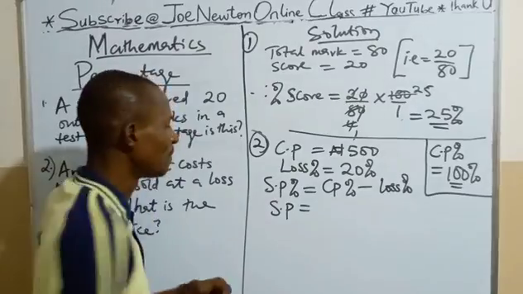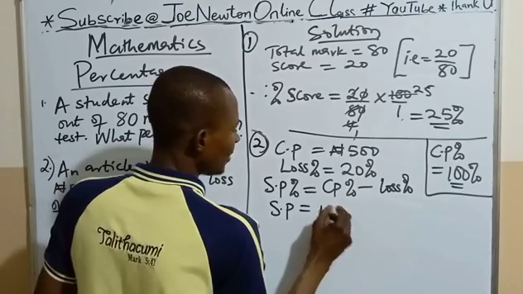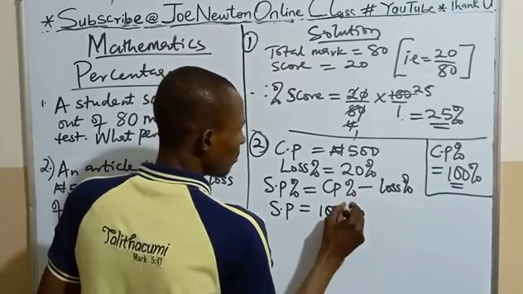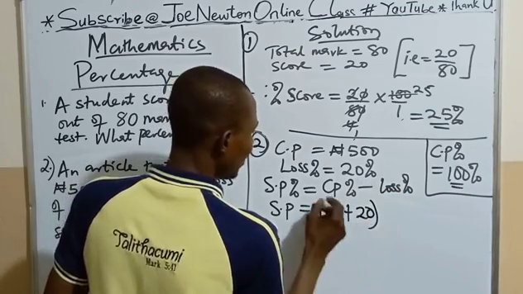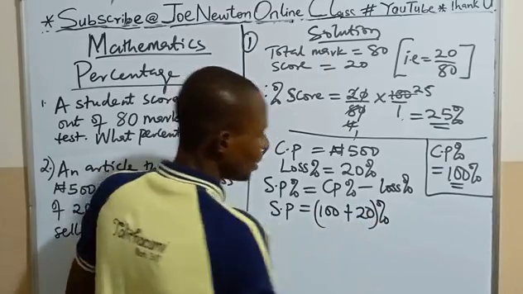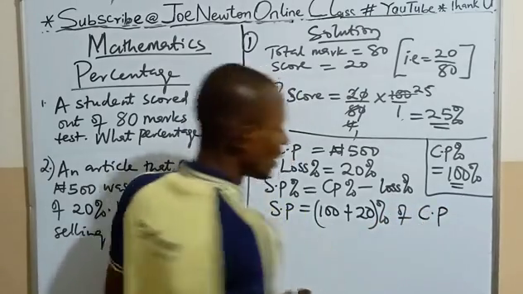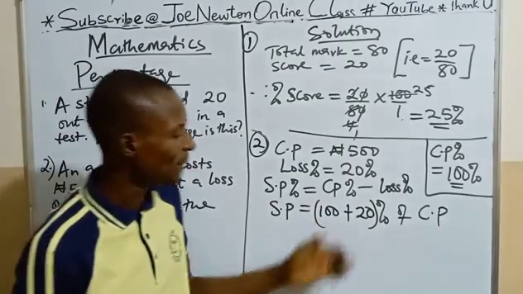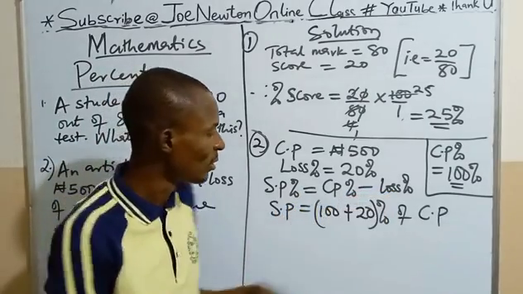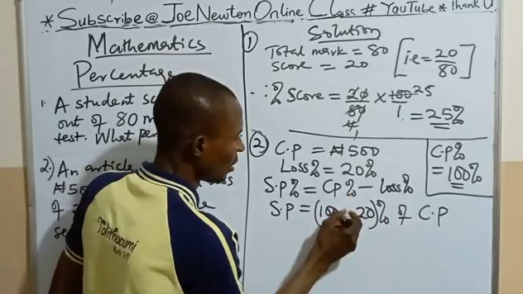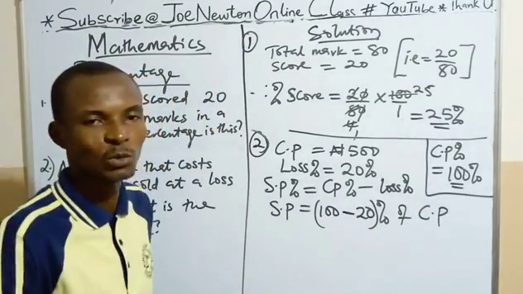That will give you the idea. So the selling price is 100%, which is for cost price, minus the loss percent, 20% of the cost price given. Sorry, not plus here, minus. 100 minus 20% of cost price will give you the actual selling price.